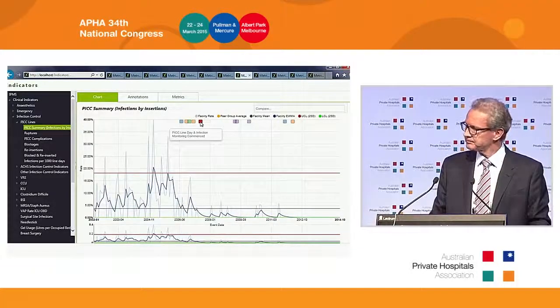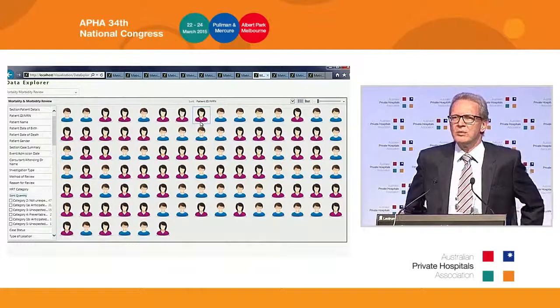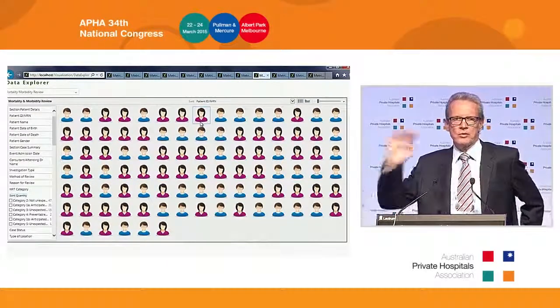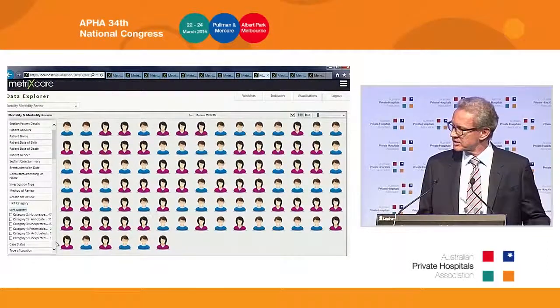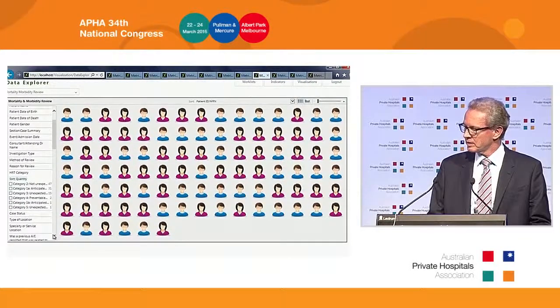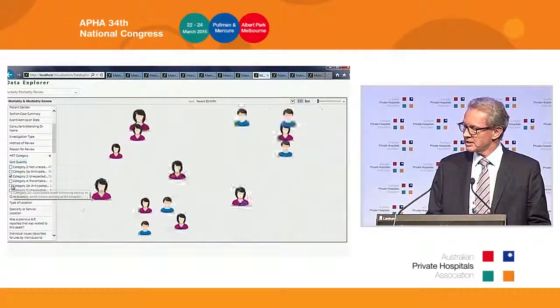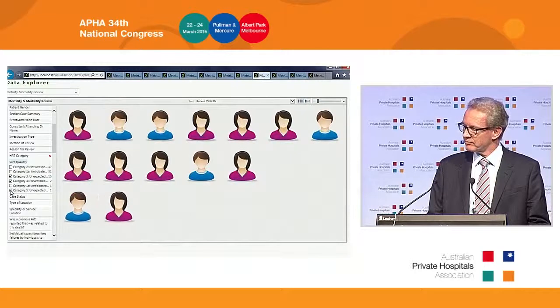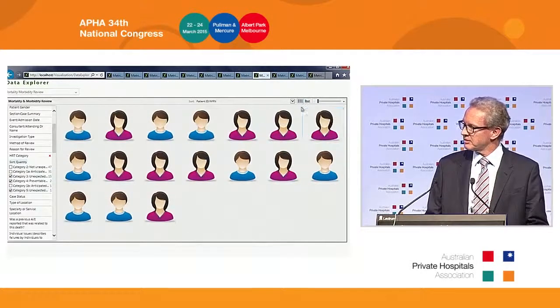What next? Okay, now we might say, let's have a look at the data. People die, you go through an audit, the audit is electronic. So let's see what the electronic audit says of the deaths. All right. We can look at those, and then we can look at categories like unexpected death or anticipated death or possibly preventable death, and then you can start to cut and dice them.